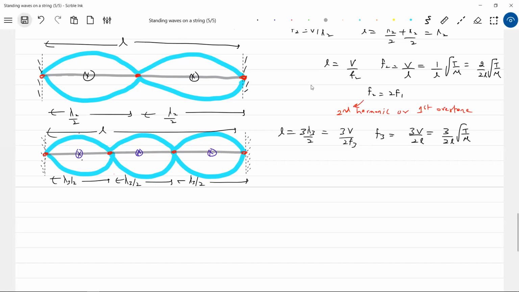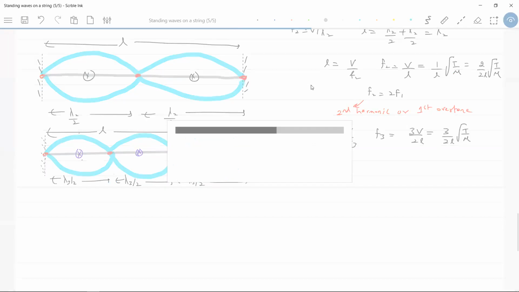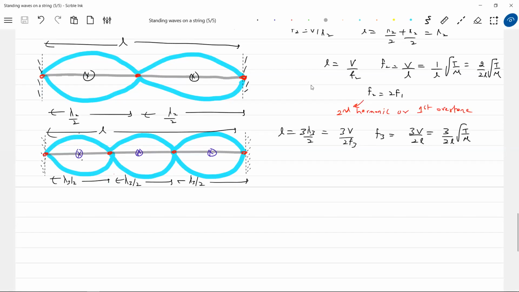Practically, it is noticed, if you want to try it. So pluck the string at one sixth of the length, one fourth, one sixth, like that. At several points you can strike it.